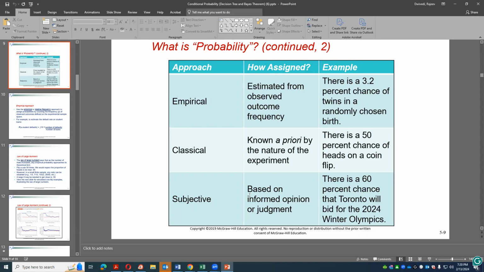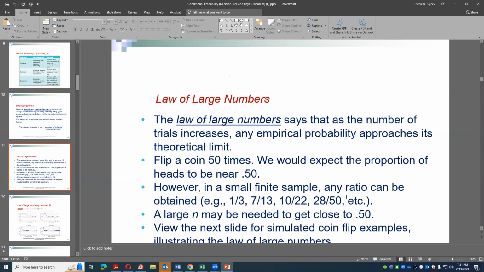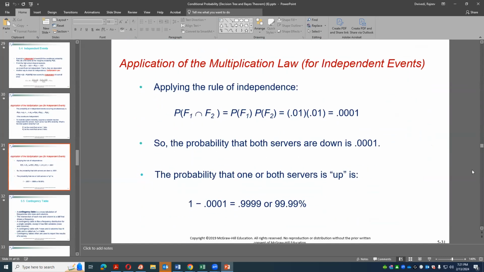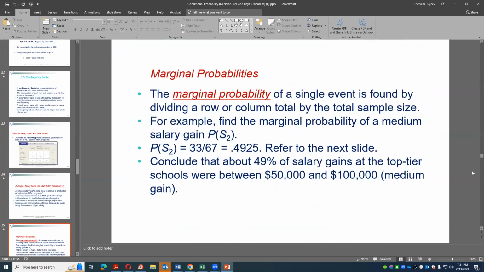Probably by 2050, Seattle might host a FIFA World Cup football match. So these are the three types of probabilities. So basically this is about reading, but the most important topics I already covered.